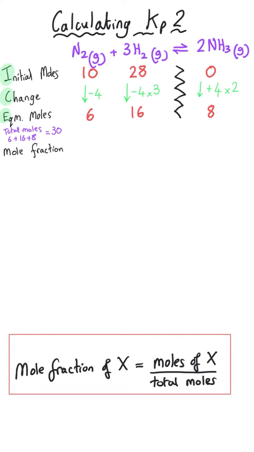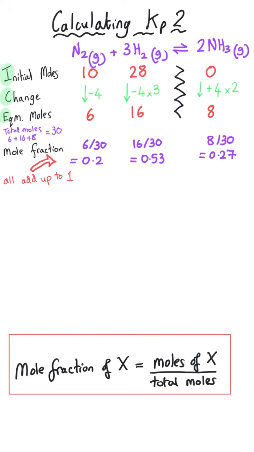And so the mole fraction is 6 over 30, which is 0.2, 16 over 30 for the hydrogen, which is 0.53, and 8 over 30 for ammonia, which is 0.27. We can always double check this because the sum of these mole fractions needs to add up to 1, and it does in this instance.